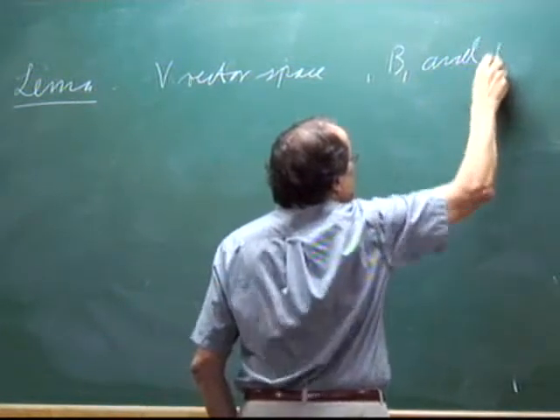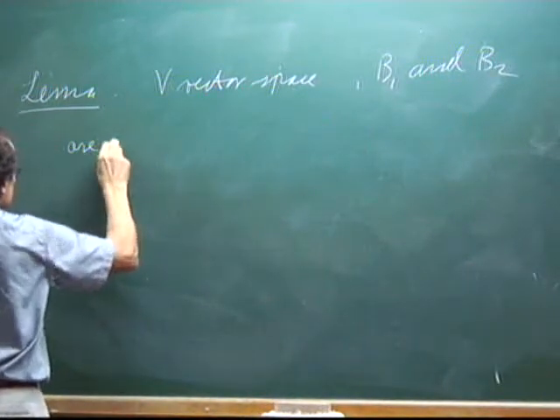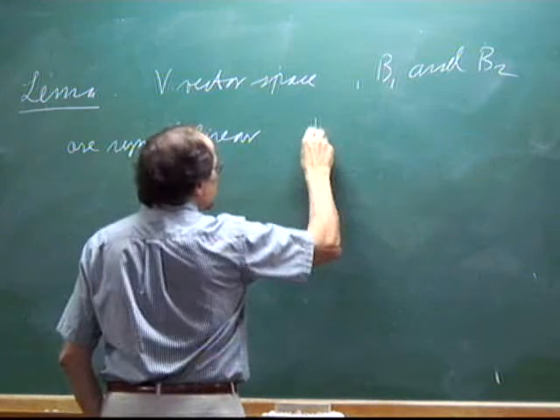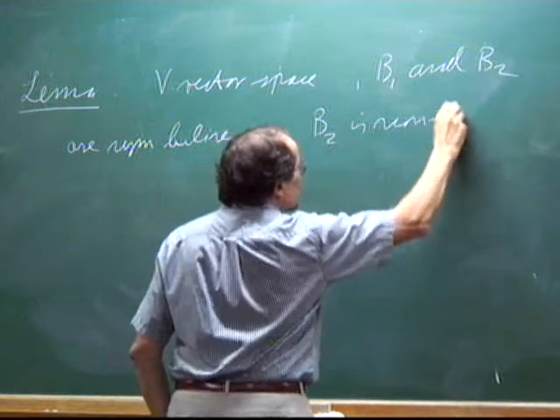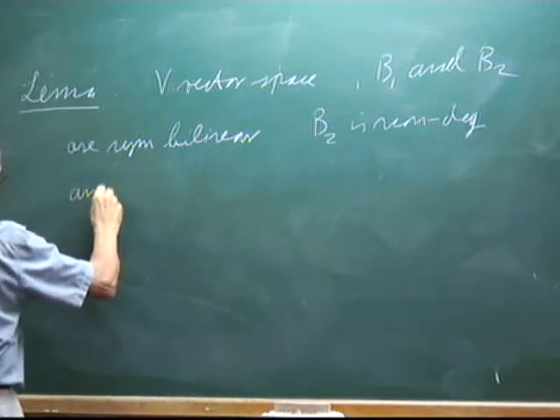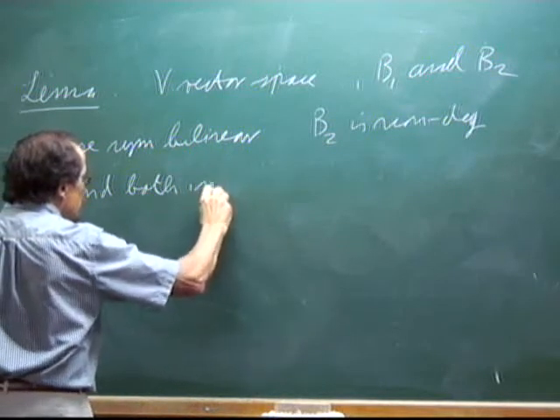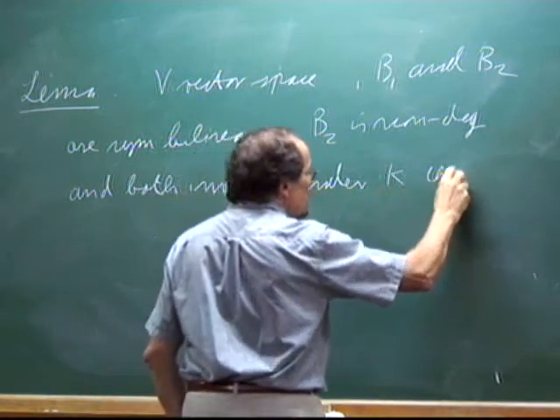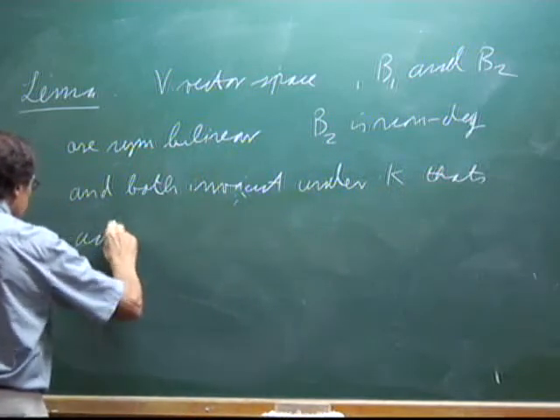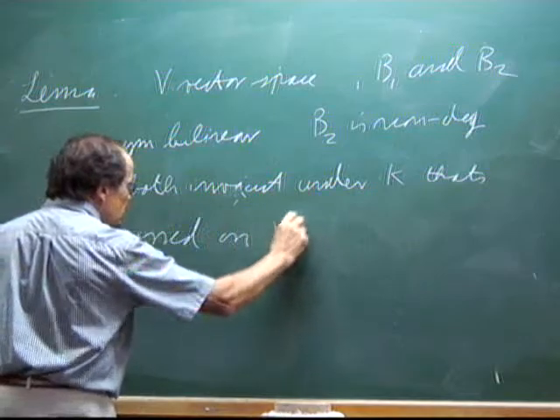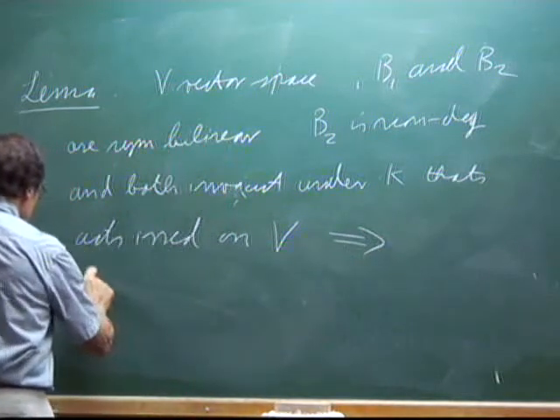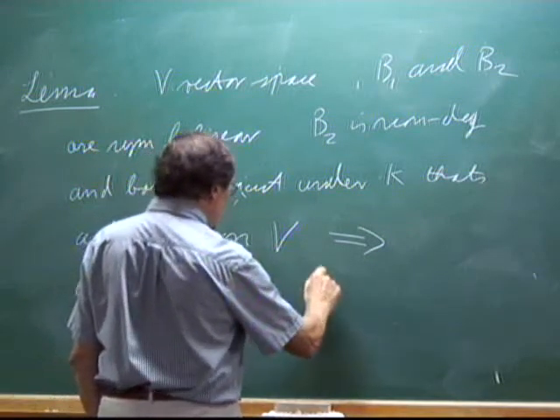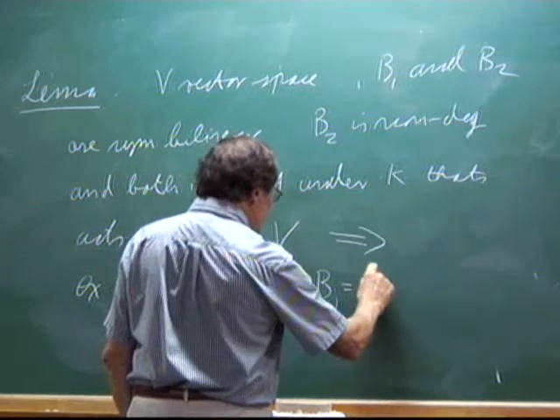B1 and B2 are symmetric bilinear forms, one of them non-degenerate, say B2, and both invariant under a group K that acts irreducibly on the vector space V. The conclusion then is that there exists a constant lambda such that B1 is a multiple of B2.